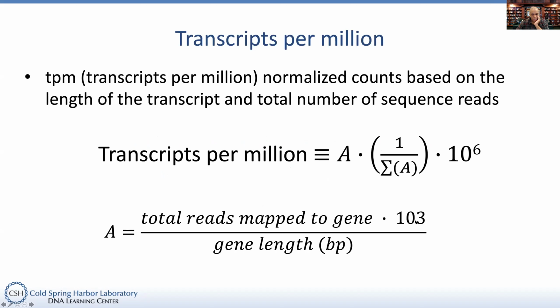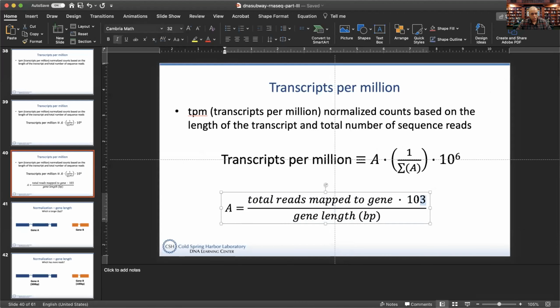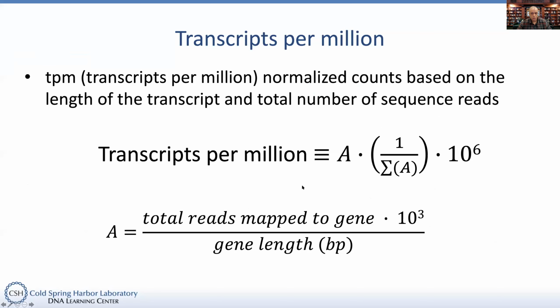This is actually a typo. That should be, fix it now, superscript. Sorry about that. Total number of reads mapped to a gene divided by the gene length. There's some terms here, some subscripts, they're not really shown, but basically for every single transcript, you need to calculate this A term.